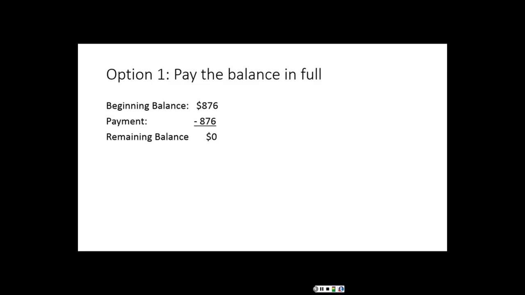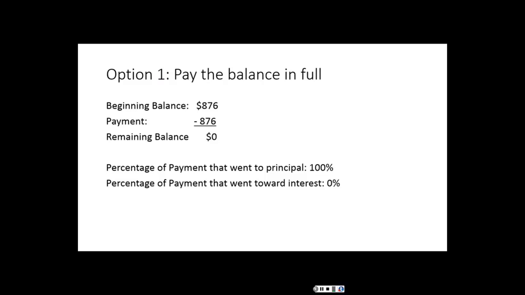You're only charged interest on your remaining balance. So since there is no remaining balance, there is no interest. So we paid the credit card company $876. All of that went to principal. So all 100% of our payment went to paying off the principal. 0% went toward interest. Now that seems a no-brainer, but let's look at option two.